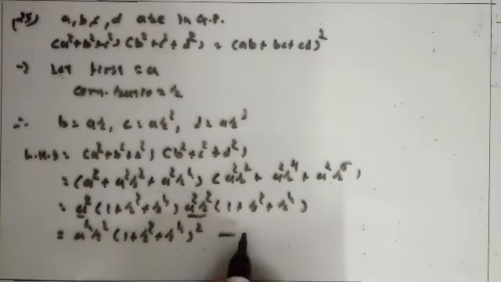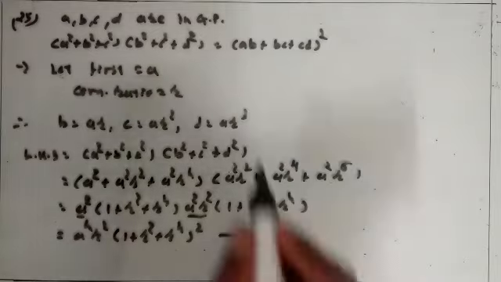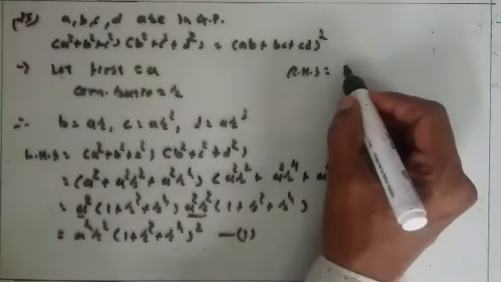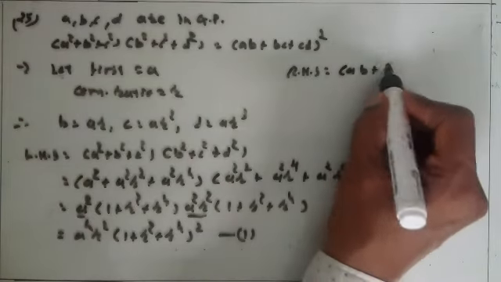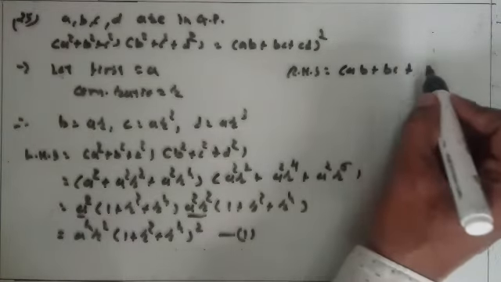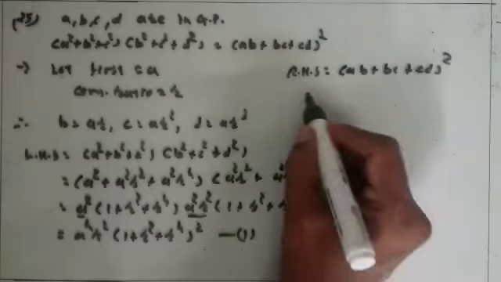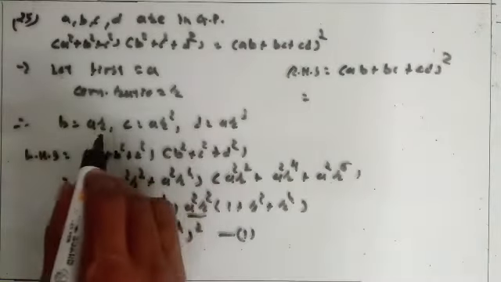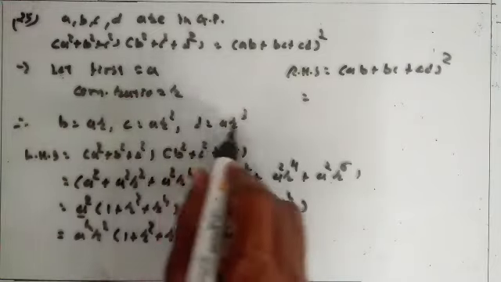Take result number 1. Now the right hand side, RHS, is equal to (AB + BC + CD) raised to 2. Replace B, C and D by AR, AR², AR³.